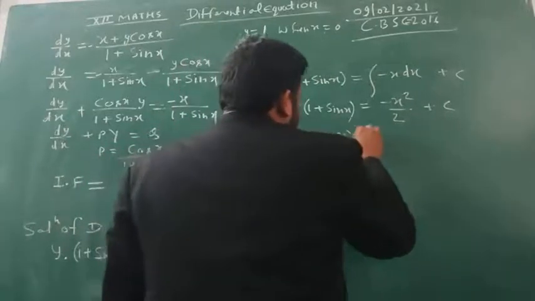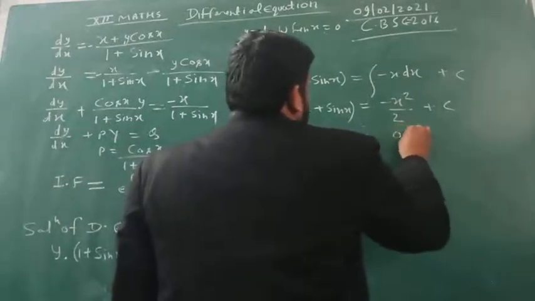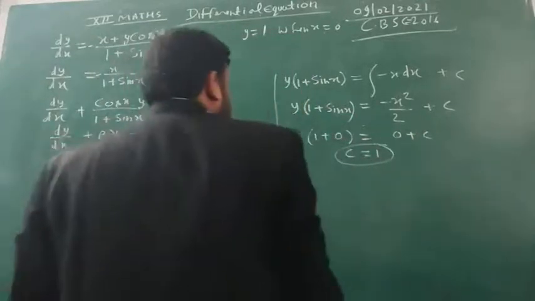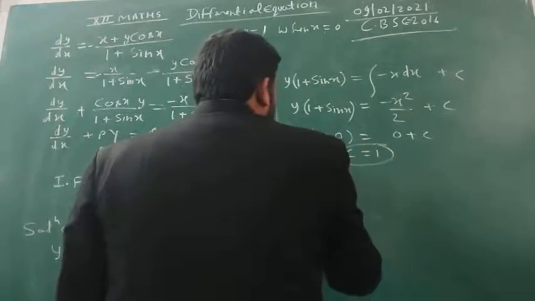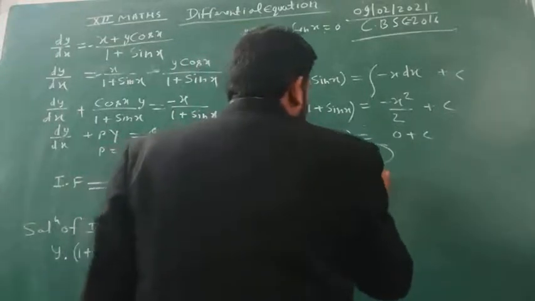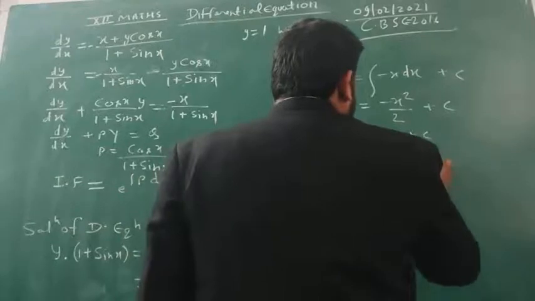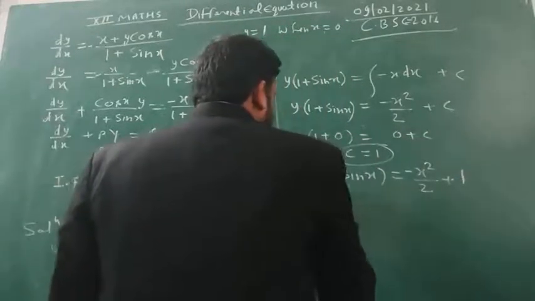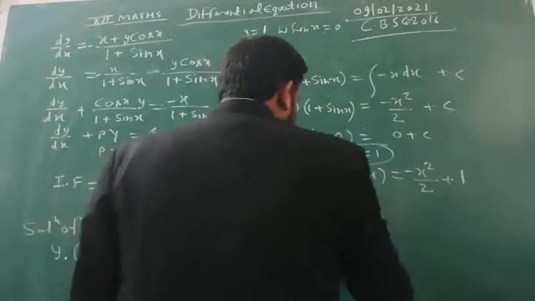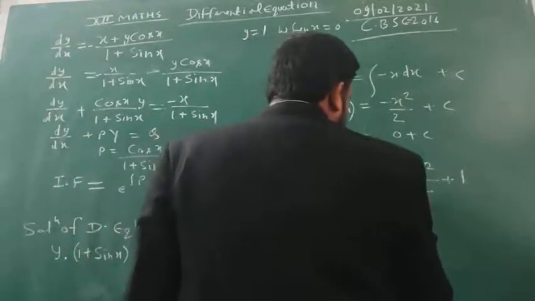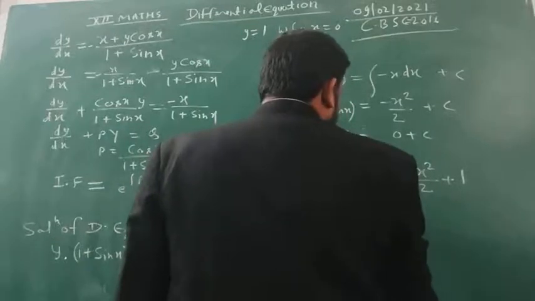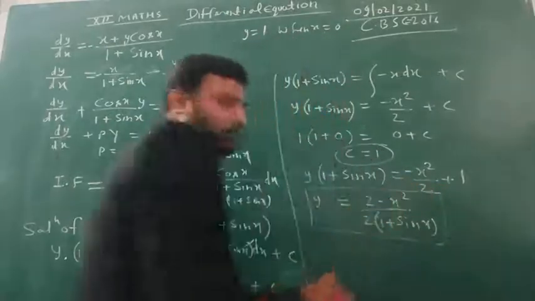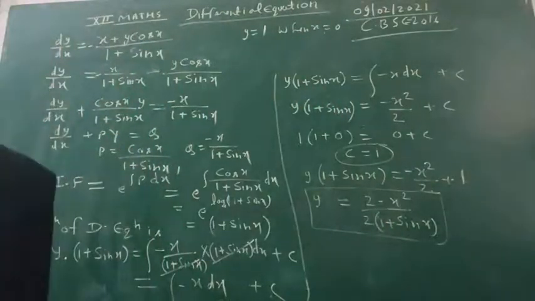So 1 plus 0 is equal to 0 plus c, so c is equal to 1. We write the solution: y times 1 plus sin x is equal to x square by 2 plus 1, so y is equal to x square by 2 plus 1 over 1 plus sin x. This will be our particular solution of this differential equation.